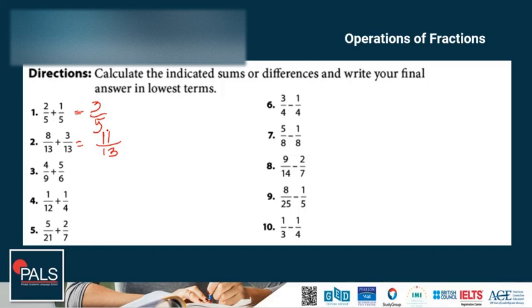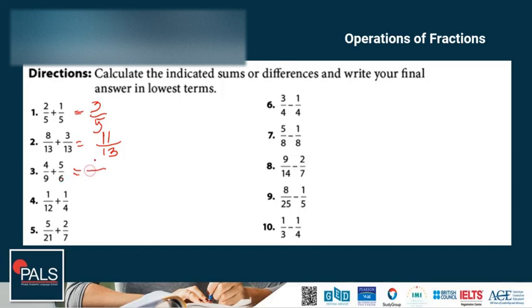Number 3, 4 over 9 plus 5 over 6. The denominators are different, so we need to find the common denominator. So the common denominator is 18, because 18 can be divided by 9 and 18 can be divided by 6 as well.